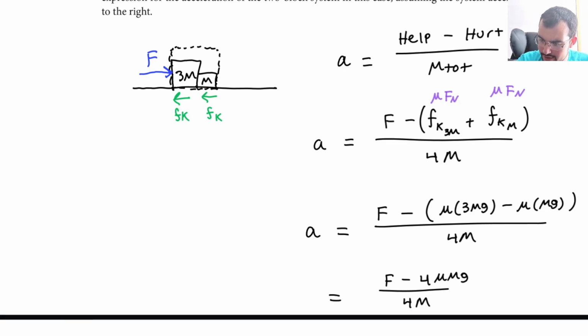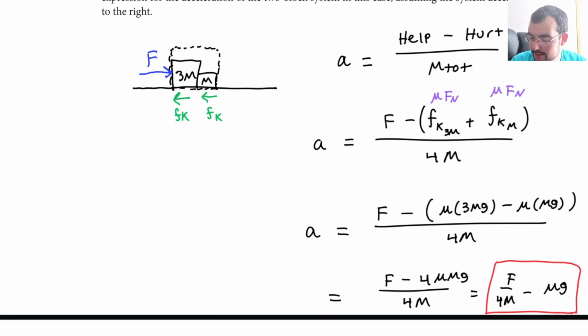We could simplify this more, but I'll keep it as this. No, we'll do it. So it's F over 4m, which was the original acceleration, minus mu g. So as long as F over 4m is bigger than mu g, we accelerate to the right.